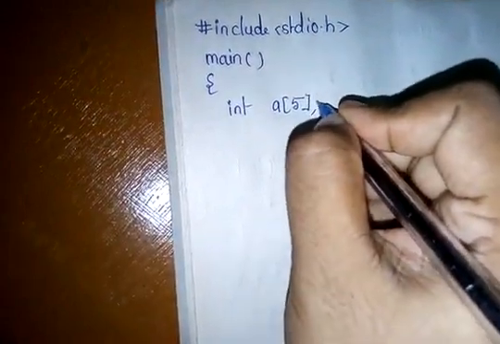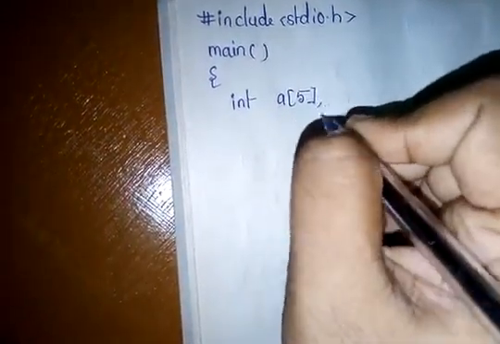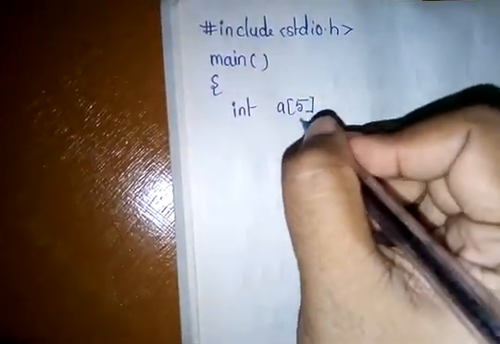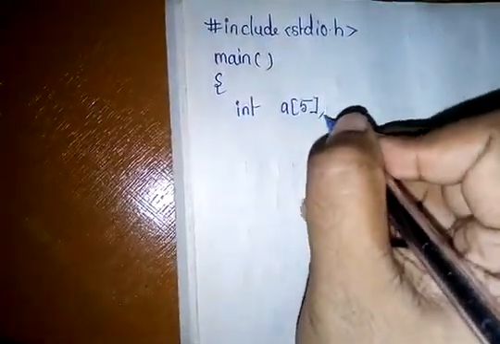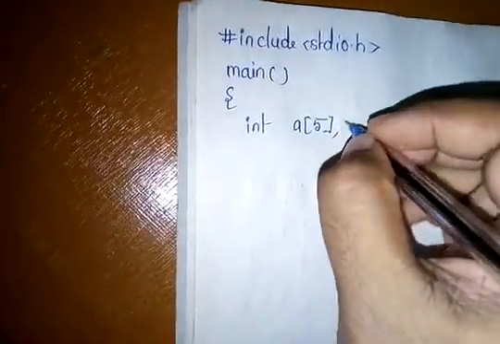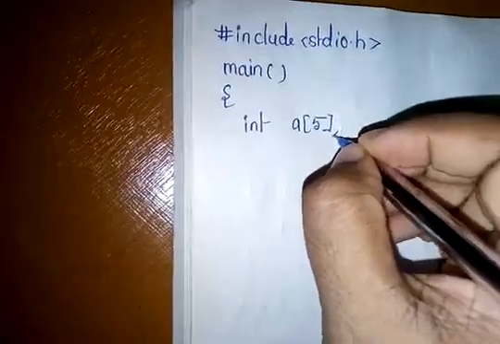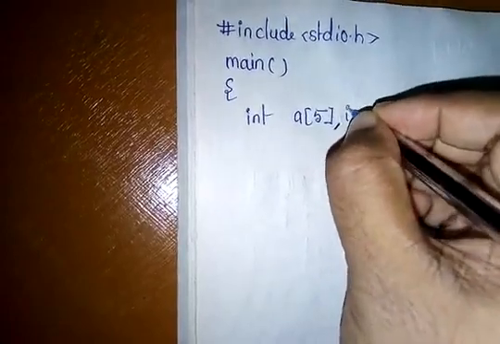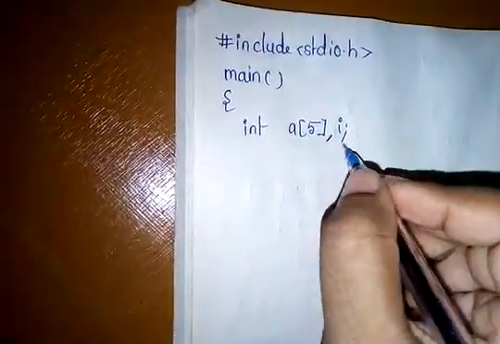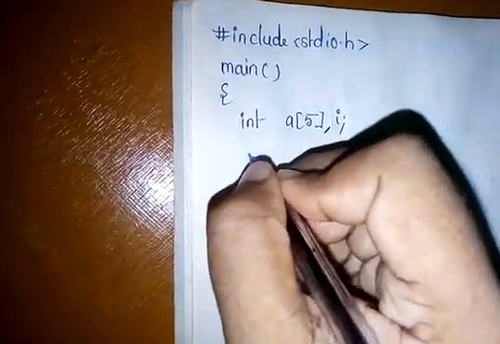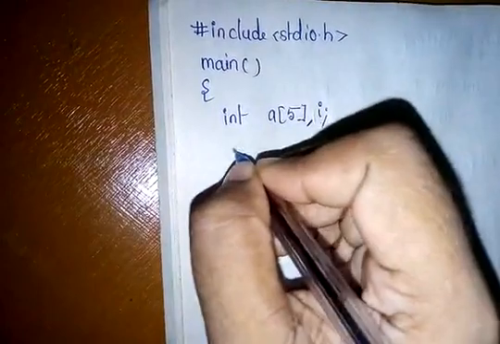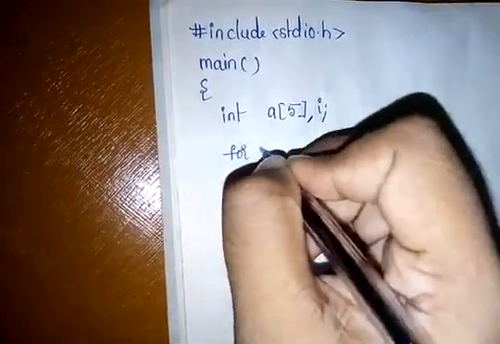See, we need not initialize the array elements here because we are going to calculate them using a for loop, and what is asked in the question is to use a for loop to assign the values into an array. Then in order to use a for loop we need some variable i. So I am declaring these two variables, one is the array and then i.